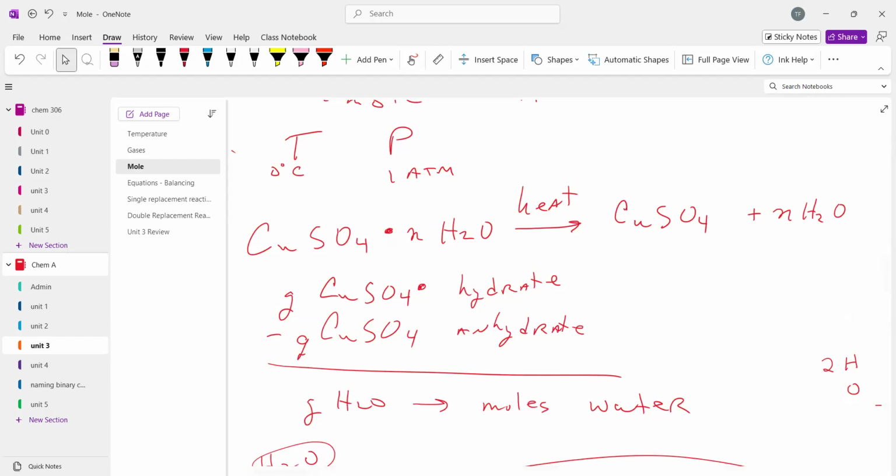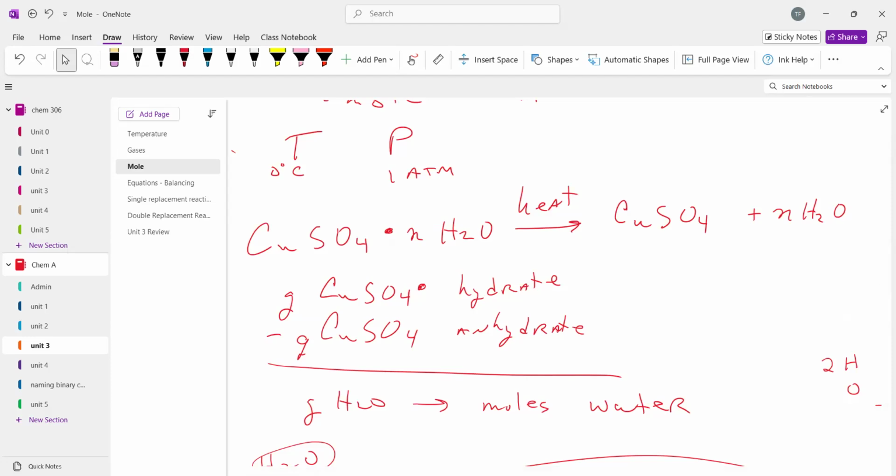Just as a harbinger of today's lab, we're taking copper sulfate, really pretty blue copper sulfate, solid, and we're going to heat it. The pretty blue solid has water around it. That's the definition of a hydrate, where the water actually binds to the copper.